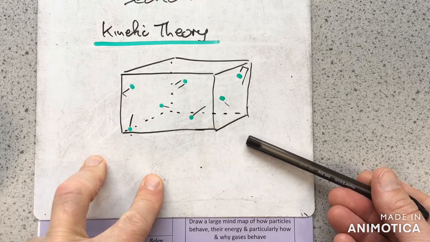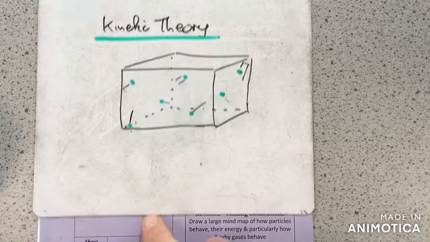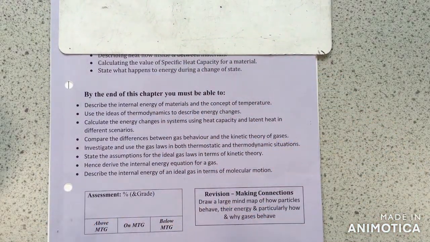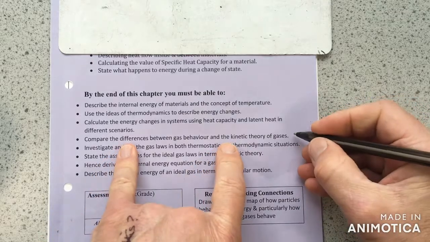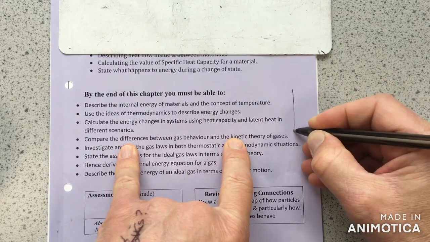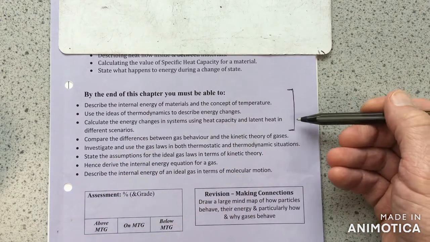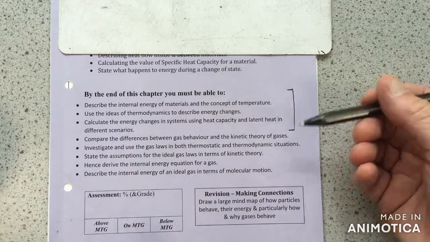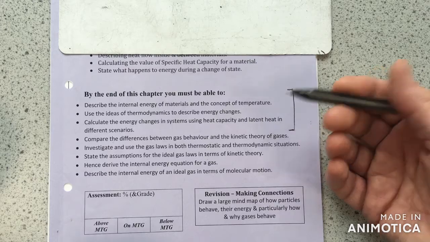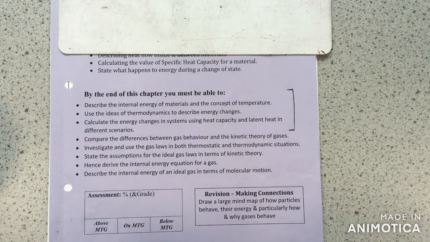So all the stuff in the first part of the chapter, just bear in mind, all of this stuff here, this is all the empirical gas laws. So PV is proportional to T, and you can multiply by a constant to get PV equals nRT or nkT. Usually nRT because it's a quantity of gas.